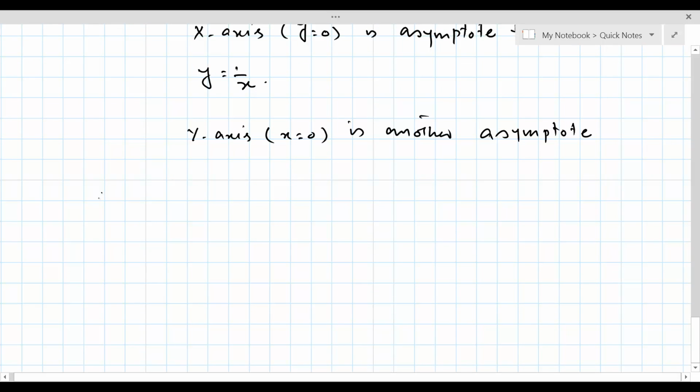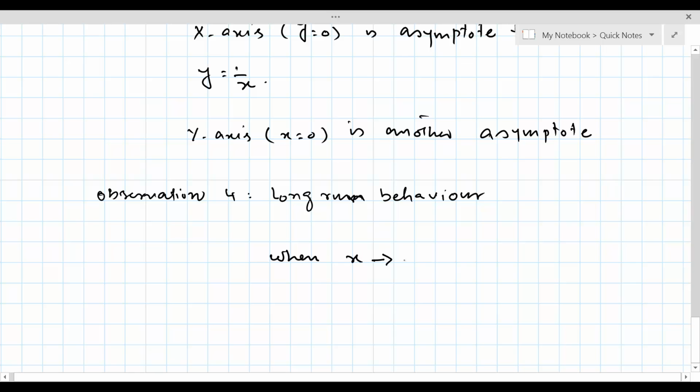Observation 4 is the long run behavior. Long run behavior is when x becomes infinity, meaning very, very large. What happens to y?